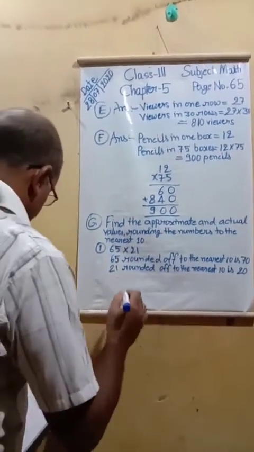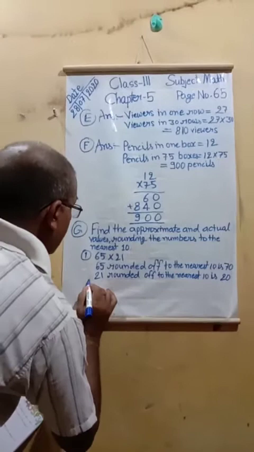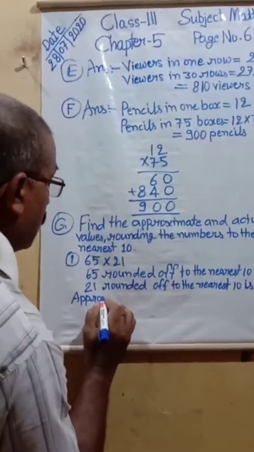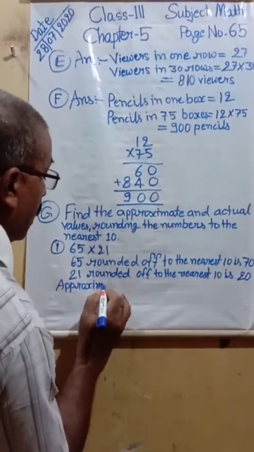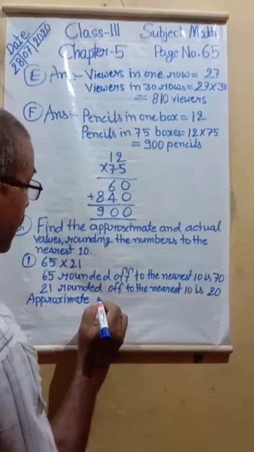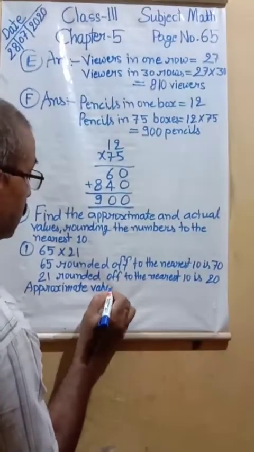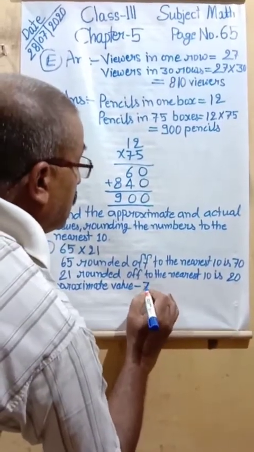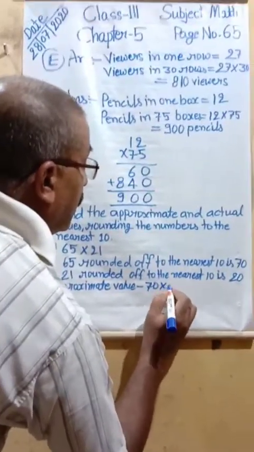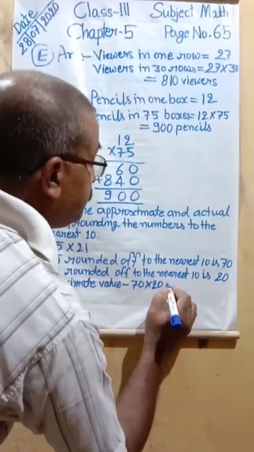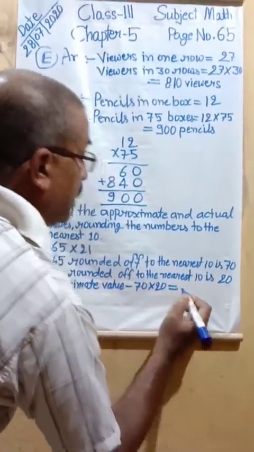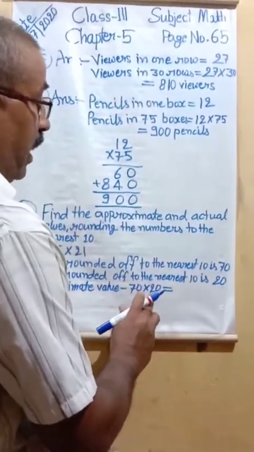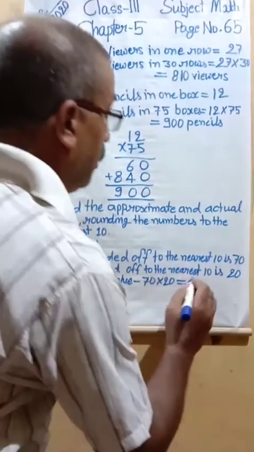So now approximate value 70 into 20. Firstly, we will multiply 7 and 2. 7 2 ja 14.